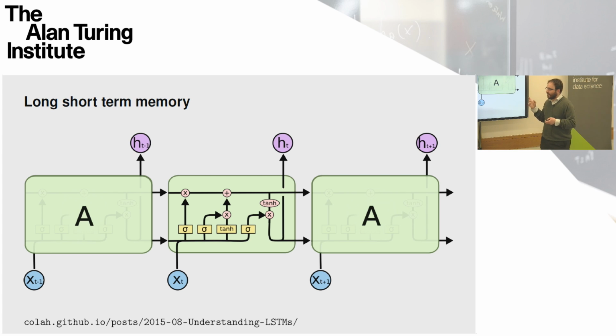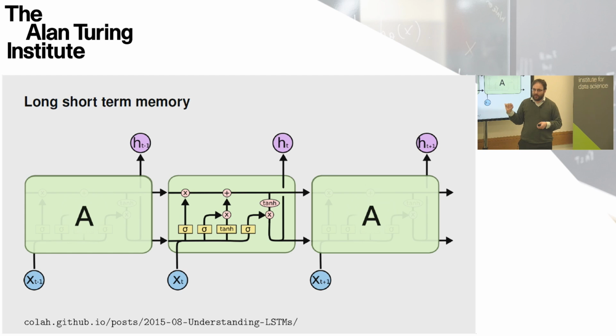LSTM is based on a diagram I've borrowed. There's memory that works just like the standard recurrent neural net memory. At every time step, it goes through a matrix multiplication.